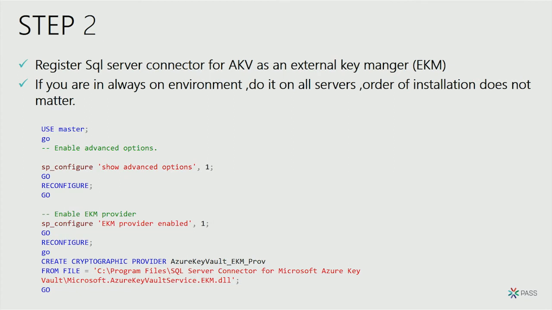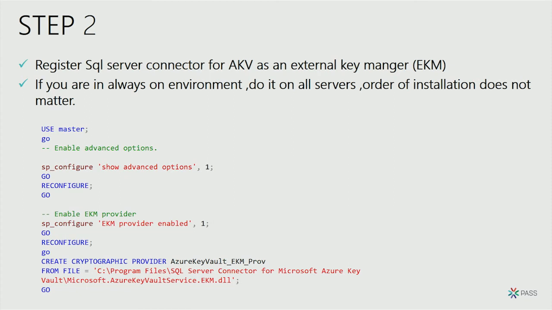So I'm registering the SQL Server connector as an extensible key manager. Don't worry about the script, I'll run it with you together. So what happens in AlwaysOn? The same thing for each member in AlwaysOn, even if it's a machine hosted in Azure in a VM or on-premise.